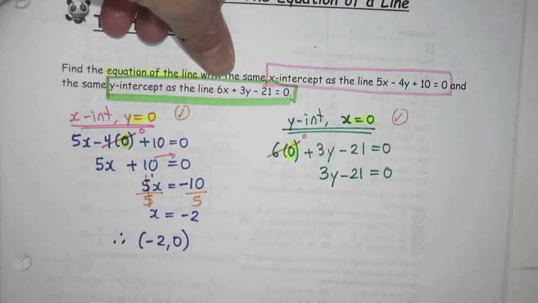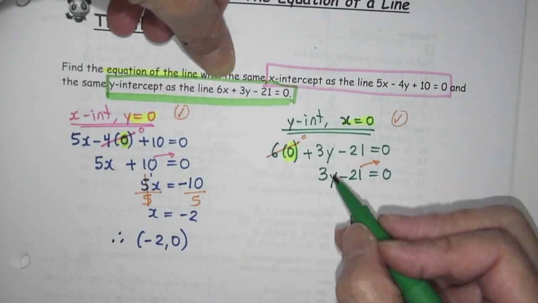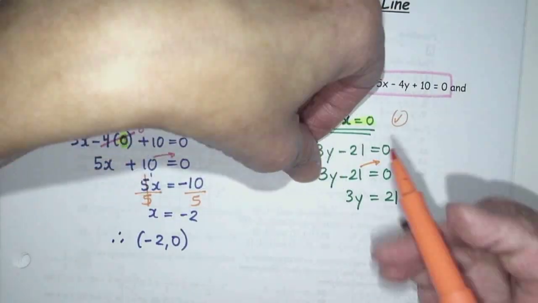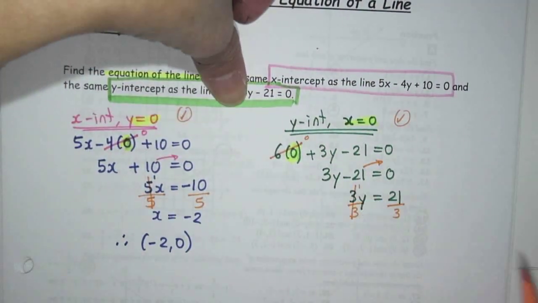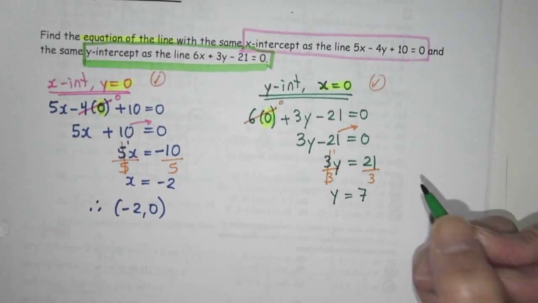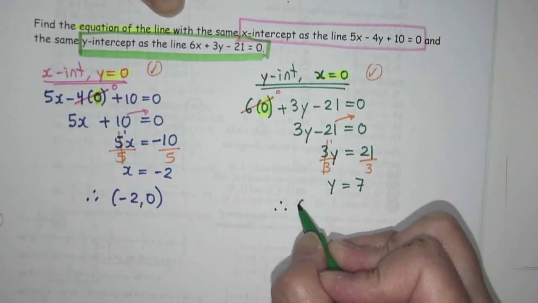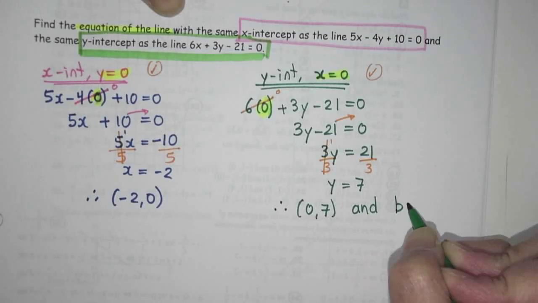To solve, you want to isolate this, so bring that over. So 3y is 21. To solve for the y, you divide by whatever's in front. Just cancel out to be 1, and y equals 7. Right away, I do a concluding. That means that this is 0, 7, and b equals 7.